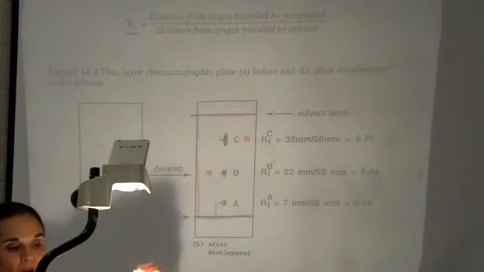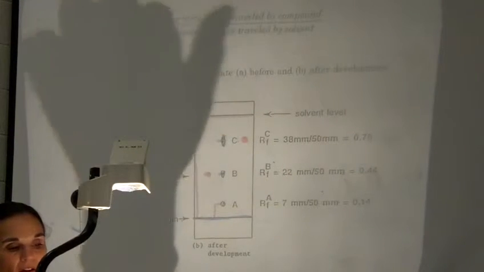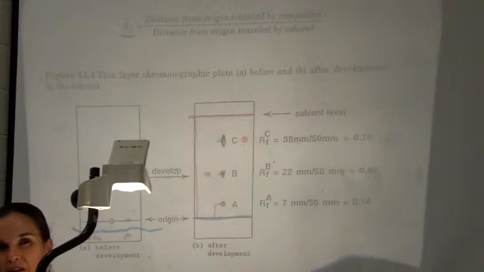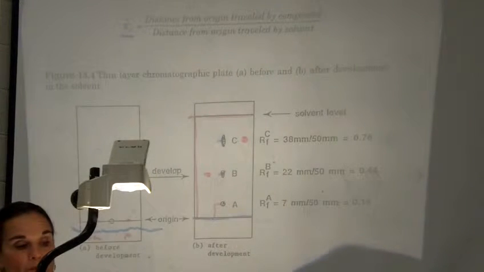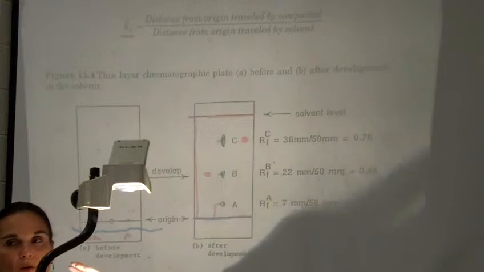All right? Now, does RF values have a unit? So if you're taking distance divided by distance, is there any unit on there? No. Okay?